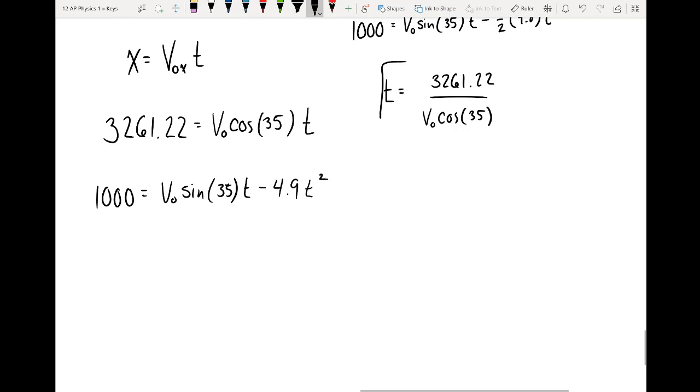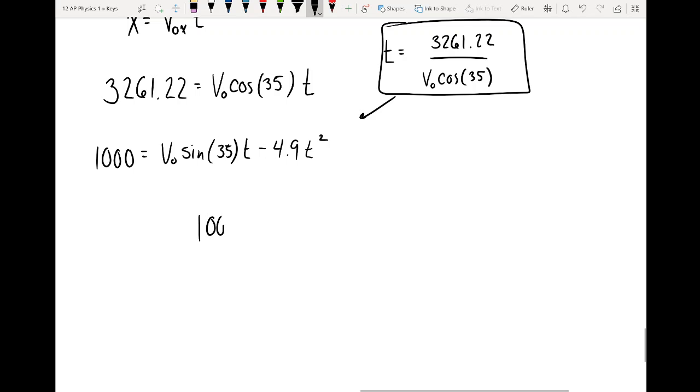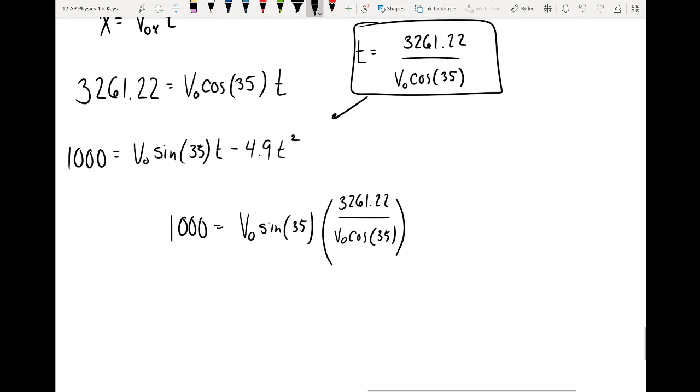And I can plug this equation for t into this one down here. So I can say 1,000 equals v naught sine of 35 times that, minus 4.9. Then we have t squared, so we have to square this whole quantity.